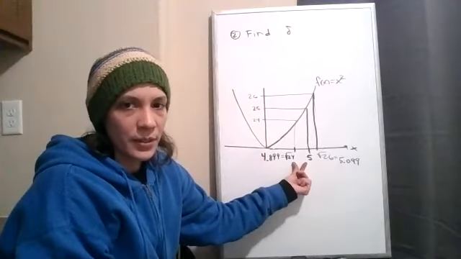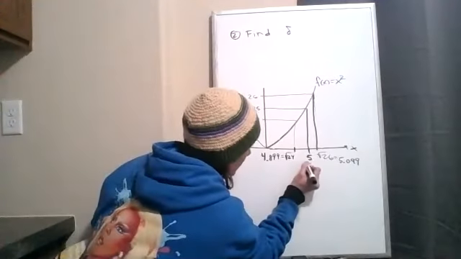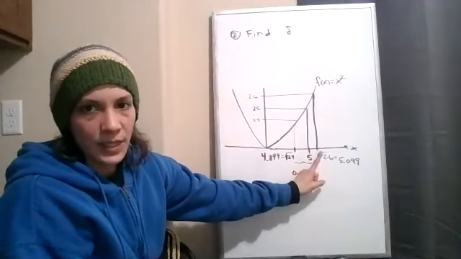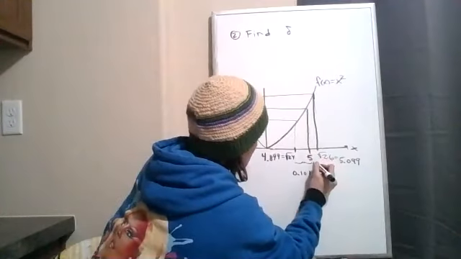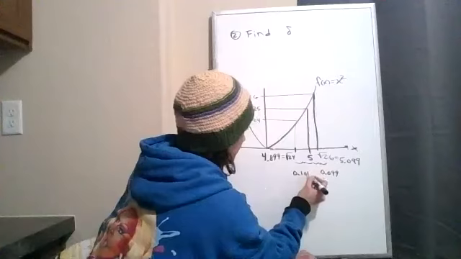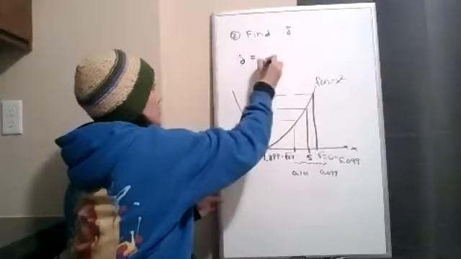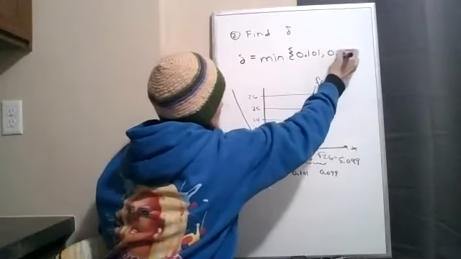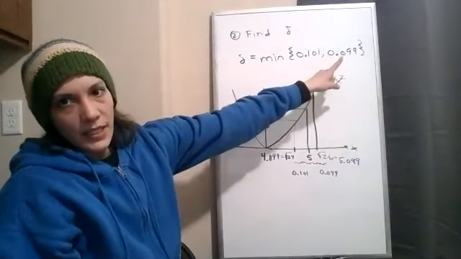And then the distance from root 24 to 5 is 0.101. And then the distance from 5 to root 26 is 0.099. Okay, so delta is the min between 0.101 and 0.099. The smaller of those numbers is 0.099.